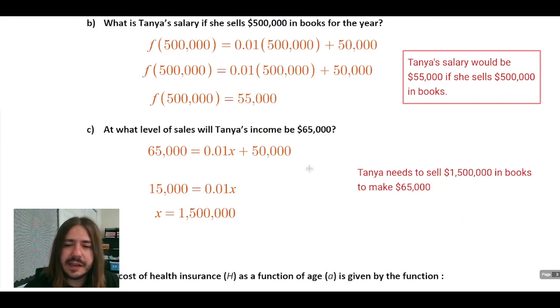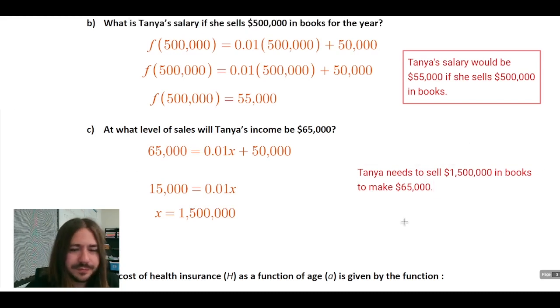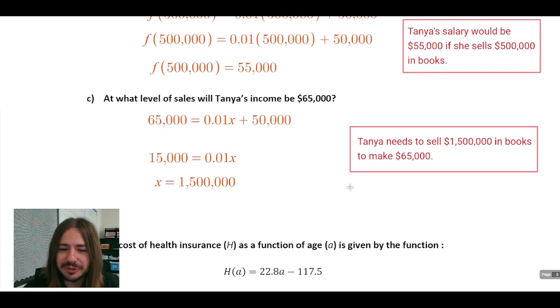This seems really excessive, but what do I know? I'm not a book salesman. It does seem like a lot, though. Maybe they're a textbook publisher or something. I don't know.